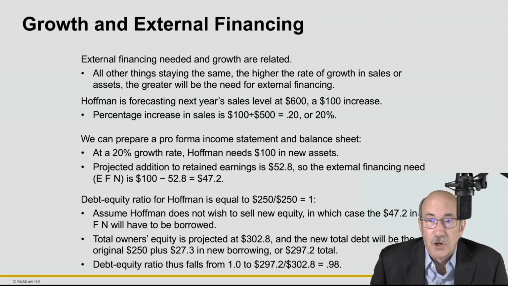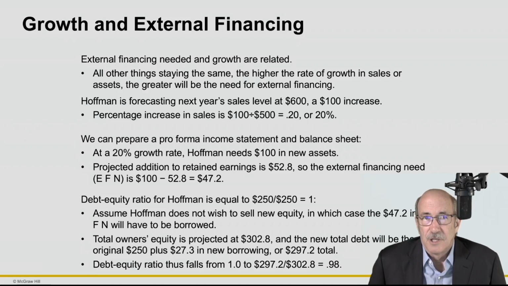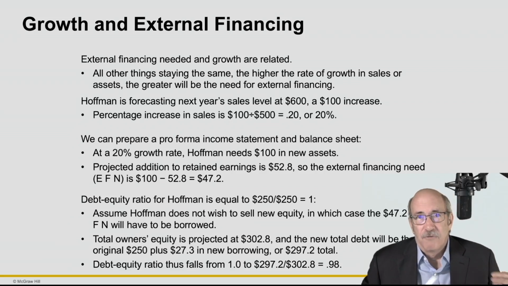Okay, so now growth in external financing. We're going to look at this example, and then we're going to go into some calculations that will allow us to understand what sort of internal rate of growth we can sustain without any additional financing from outside, just what we've generated from the prior years of sales.